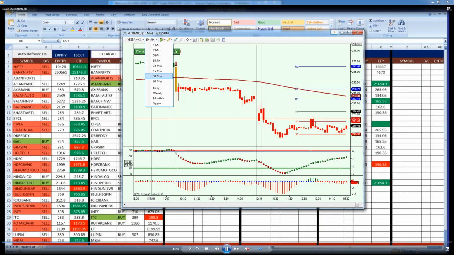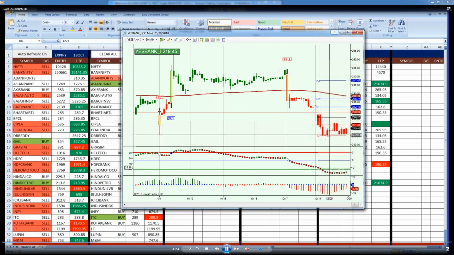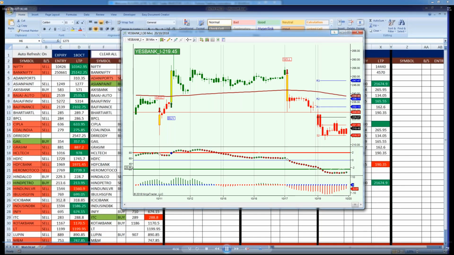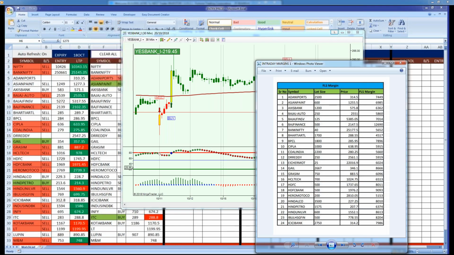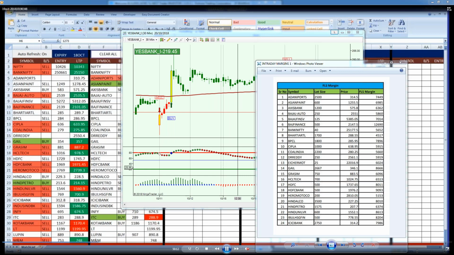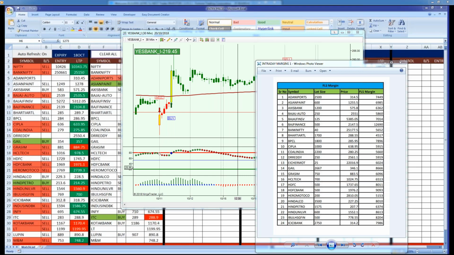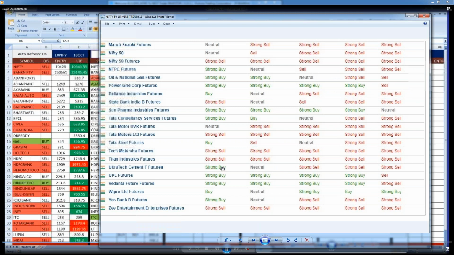Now if you ask me what is the trend for tomorrow, my trend for tomorrow for Yes Bank is a strong buy in the 5-minute chart, and it is taking support. That is what it means.